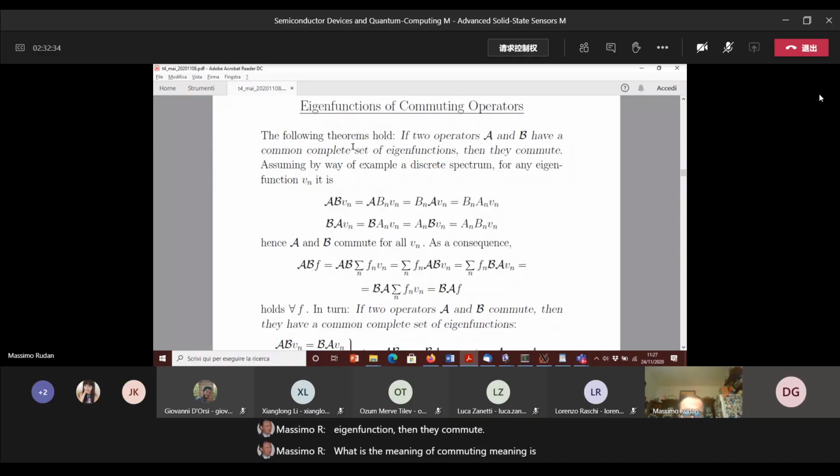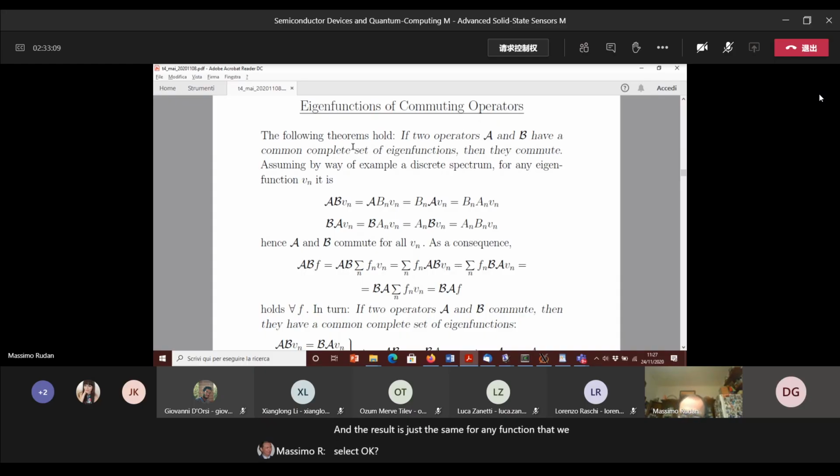The meaning is obvious: AB is equivalent to BA. So two operators commute when we can apply B first on a function and A second, or vice versa, we can apply A first and B second, and the result is just the same for any function that we select. Okay?